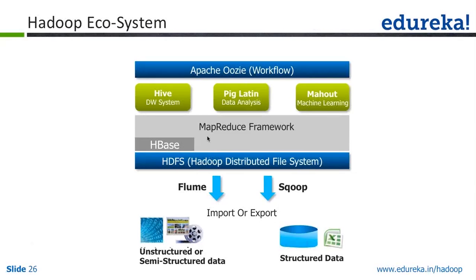All these are open source, all these are freeware. Then Hive is the data warehousing tool, Pig is the data analysis tool, Mahout is machine learning, Apache Oozie is the workflow management tool. We'll be looking at each of these tools and their applications as we go forward. Yes, the MapReduce framework works directly on the HDFS, and I'll also tell you what MapReduce is in a while. I'll give you a small example of MapReduce as well.